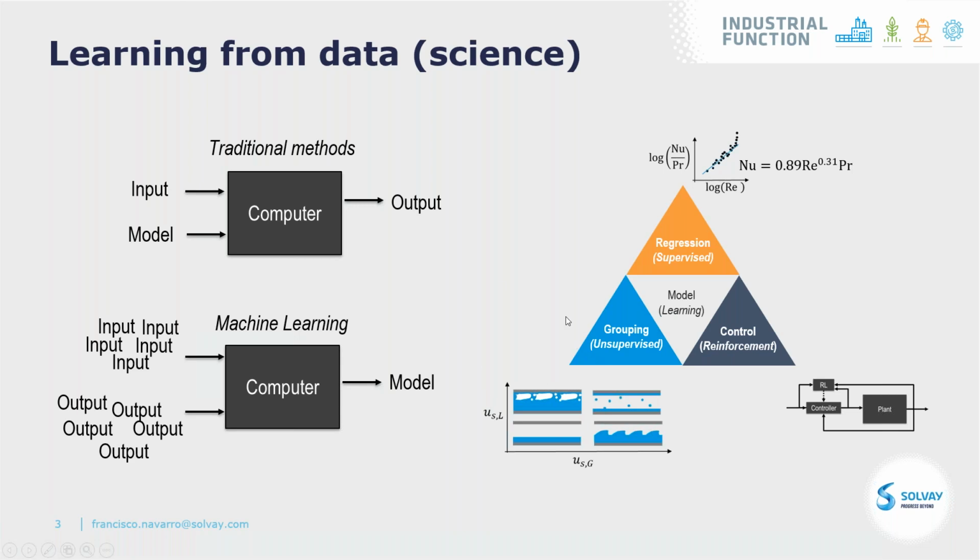This is a very hot topic today, data science in general, but actually in chemical engineering and process engineering, we have been using machine learning methods for years. The only thing is we didn't call it this way.